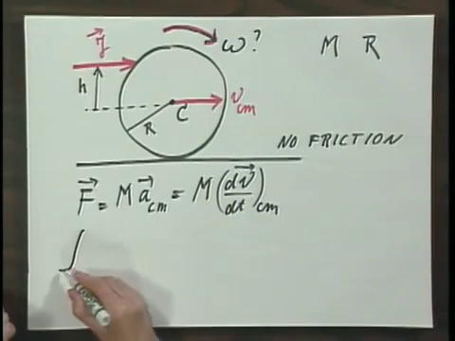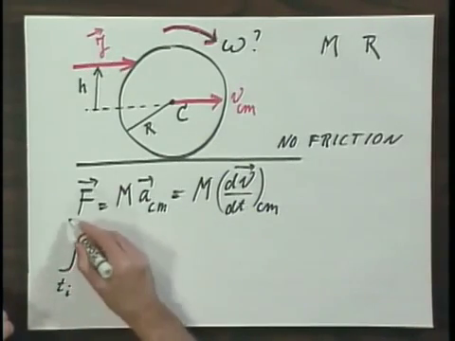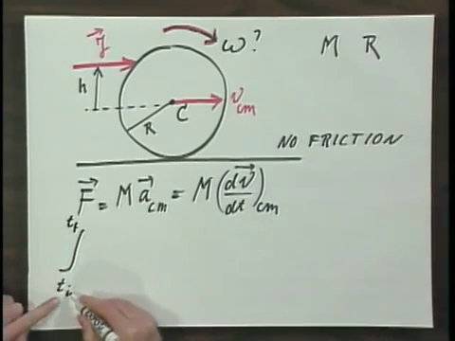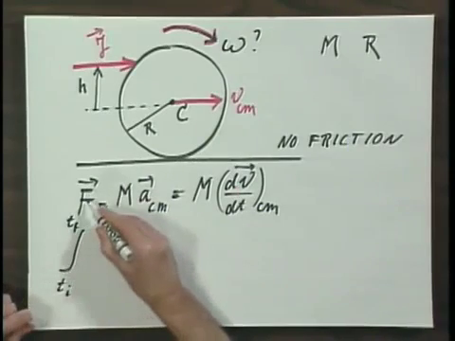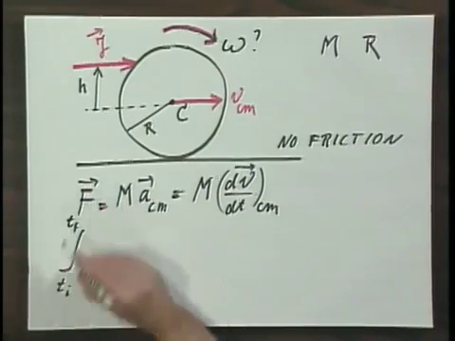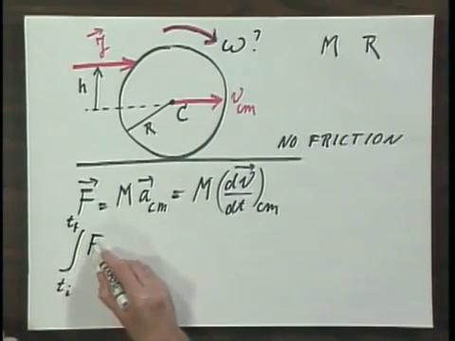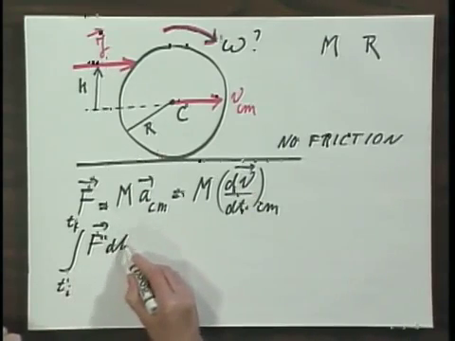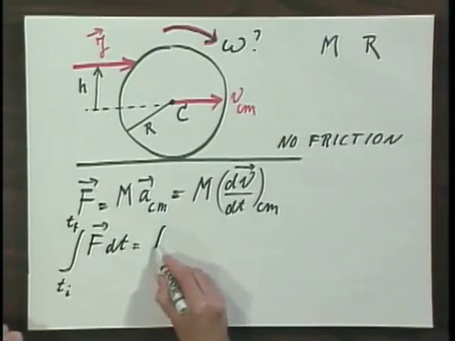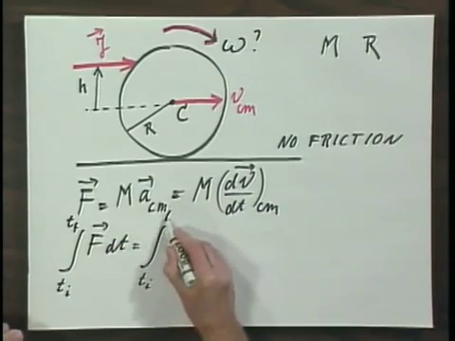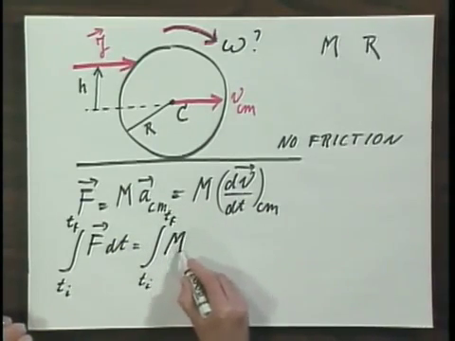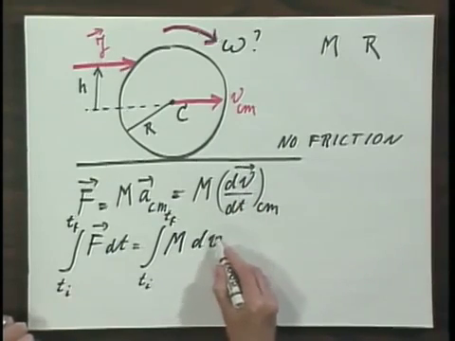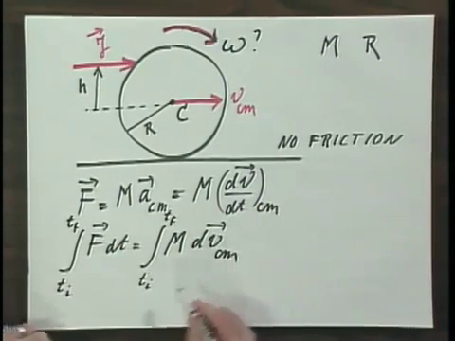So what do I get? I get the integral from an initial time to a final time, the time interval that the force lasts, of F dt. The force doesn't have to be constant in time. It equals the integral over that same time interval, t initial to t final, of m times dv center of mass.